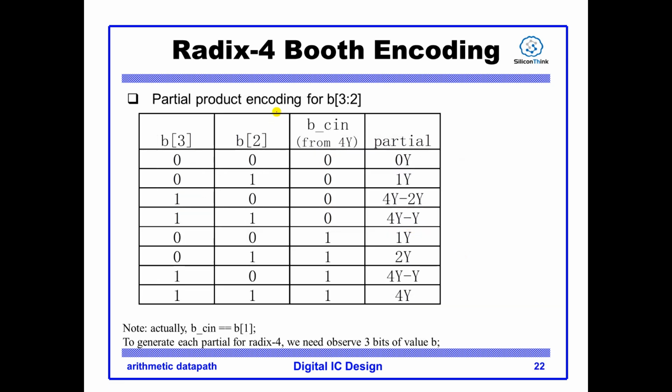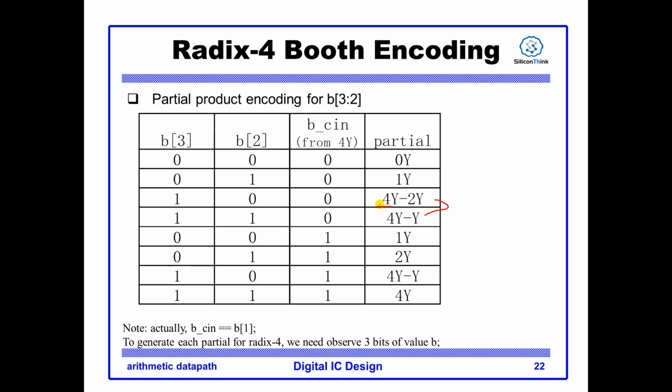Okay, let's go on with the next encoding group. This is a carry in from bit 1 through 0. This is the value for the higher 2 bits. So this is the same. Try to understand this table. We just use the same format.